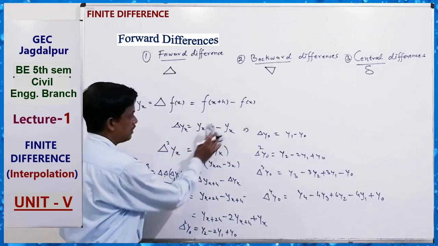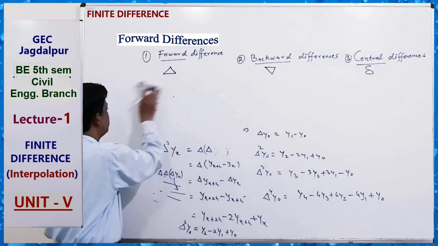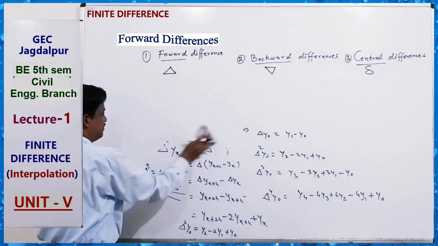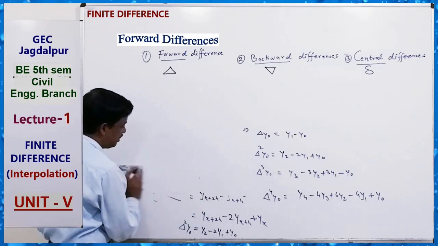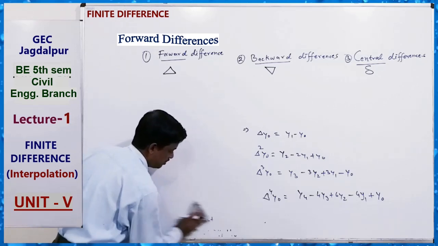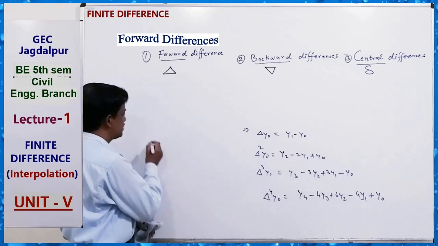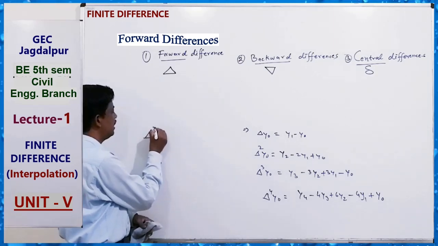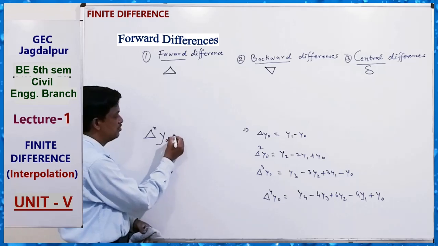From here we see that the differences involve binomial coefficients. Suppose we write the nth difference of y0.